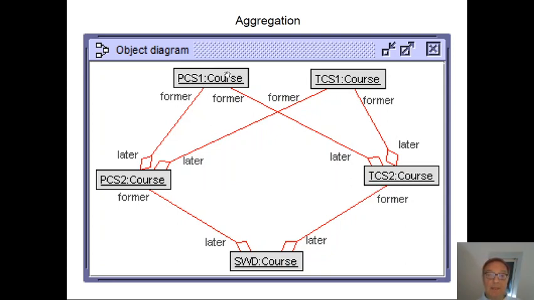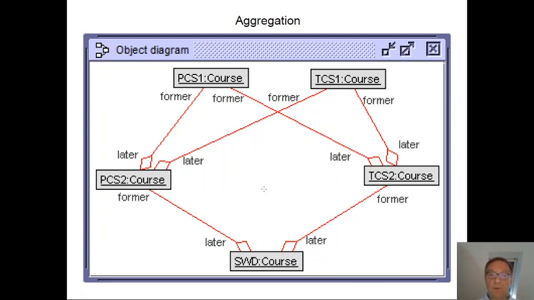So Practical 1 is a common prerequisite of these two courses, and so these two courses share a sub-part. This is allowed for the weak form of part-whole relationships.